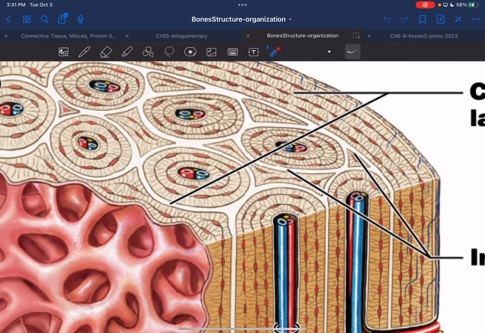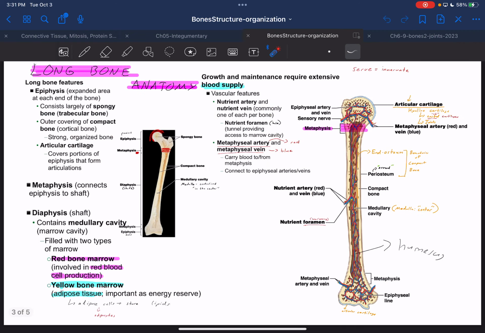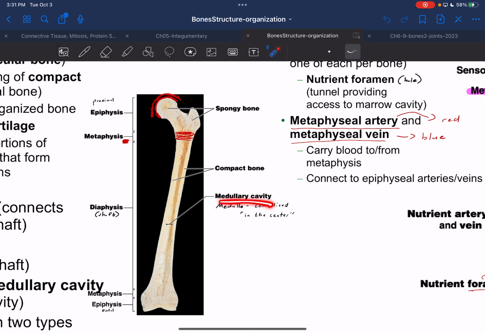As a quick review, inside of this medullary cavity sits yellow marrow, where my red highlight is. I wish I could turn it into a yellow laser, but I can't. This should be yellow marrow. That is where we have adipose tissue. When your body needs energy reserves, it grabs it from there. And here at the very ends, you see red bone marrow.